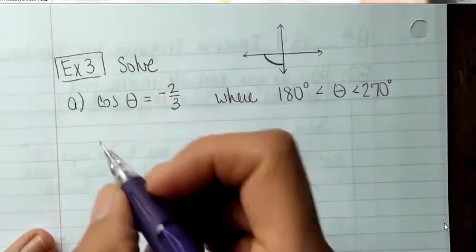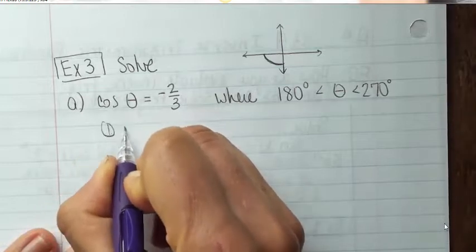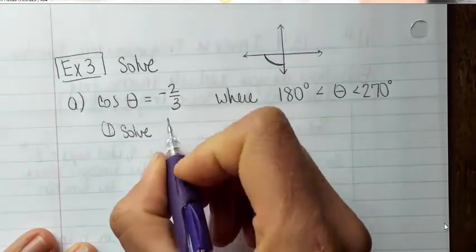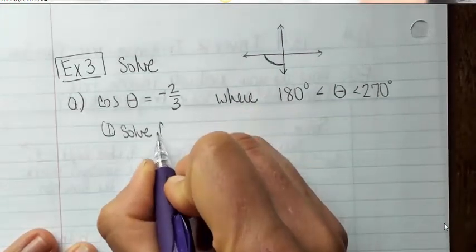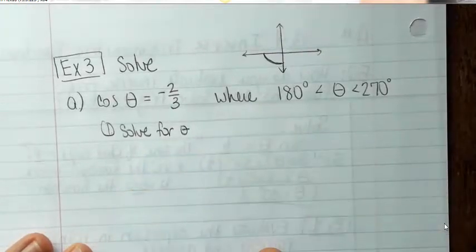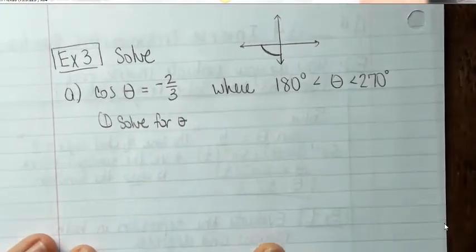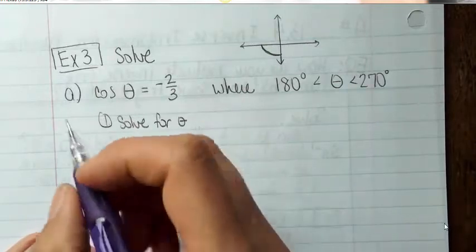The first thing we're going to do is solve for theta. The way that I do that is I do the cosine inverse on both sides. So I'll go ahead and show that.